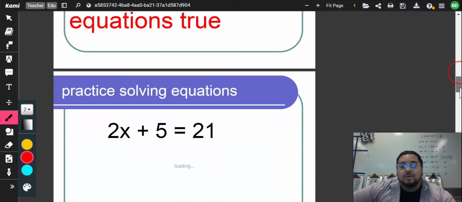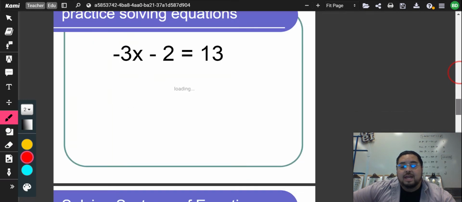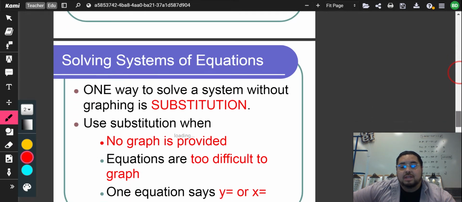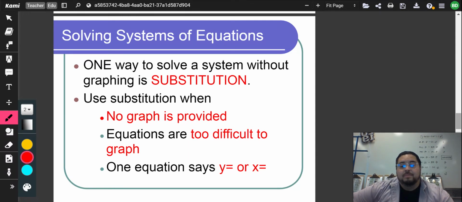Okay? Now, what we're going to be doing today is going to solve the system, but again, we're using substitution, which is our new method, and we're going to use substitution whenever we encounter a problem where no graph is provided to us, where the equations are too difficult to graph, meaning that they're not presented to us in either y equals mx plus b or in a standard form that easily divide so that we can use the x and y intercepts.